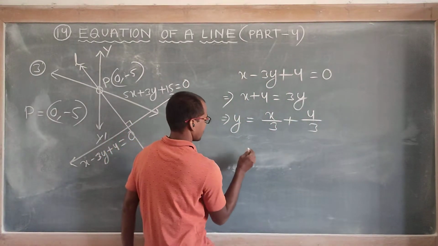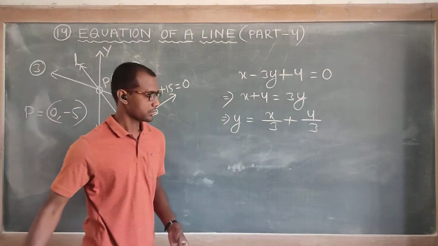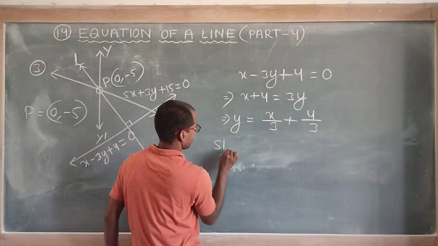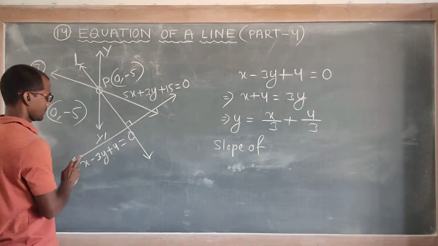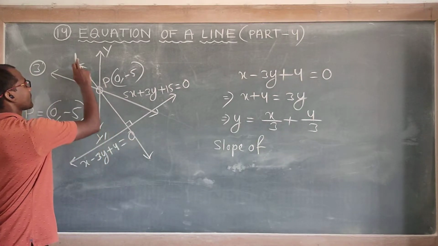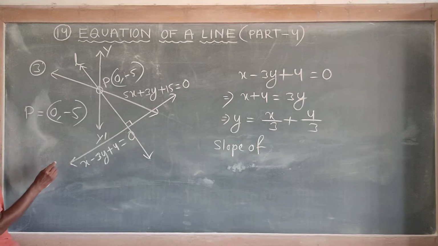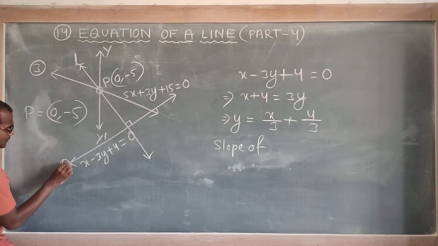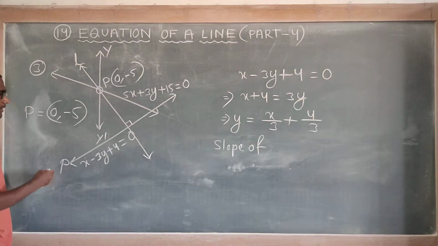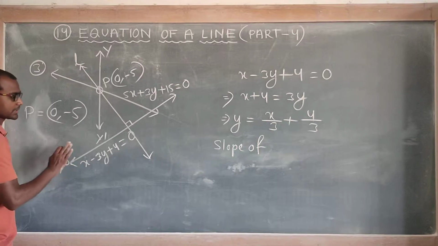So m is equal to slope. Let us give a name to this line. This line I will call p, and let the slope of this line be written accordingly.